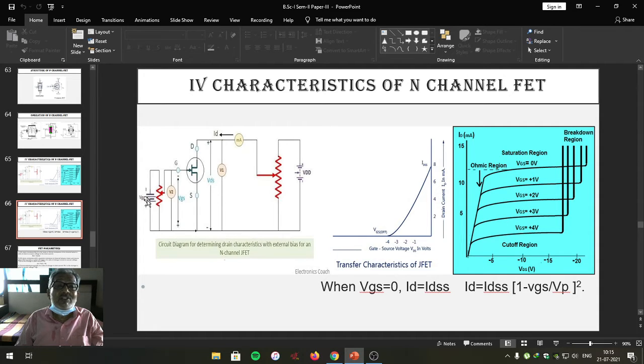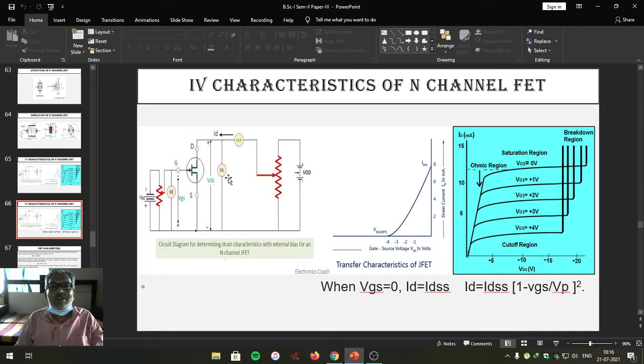As per its operation, gate and source should be reverse biased. A rheostat is connected to vary gate to source voltage, and also a battery VDD is connected between drain and source to forward bias drain and source, along with the rheostat that is used to vary output current and output voltage.